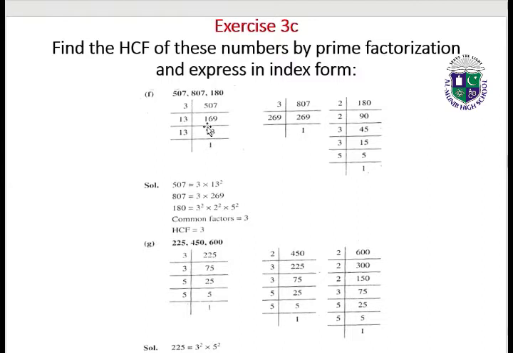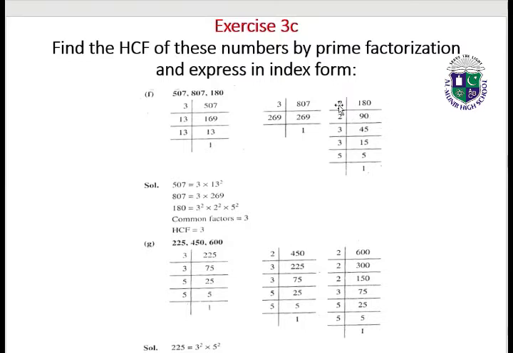Dividing 507: 3 1s are 3, 3 6s are 18, 3 9s are 27, 13 3s are 39, 13 1s are 13. Dividing 807: 3 2s are 6, 3 6s are 18, 3 9s are 27, 269 1s are 269.